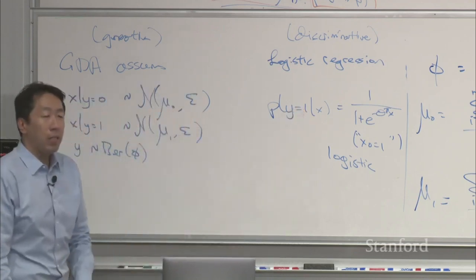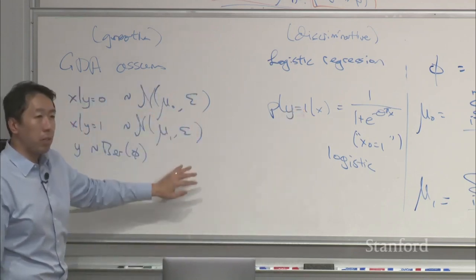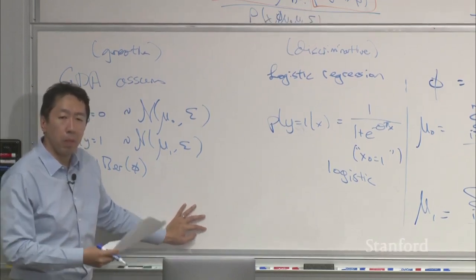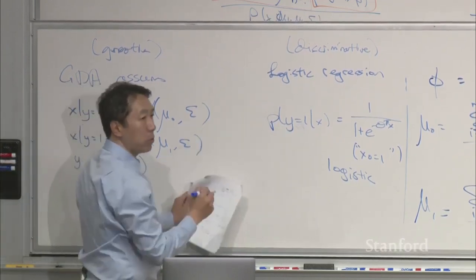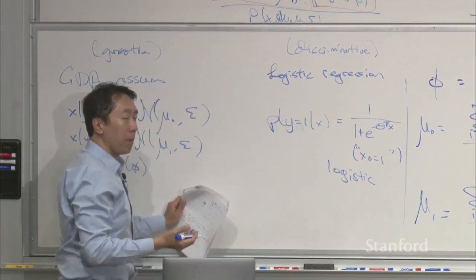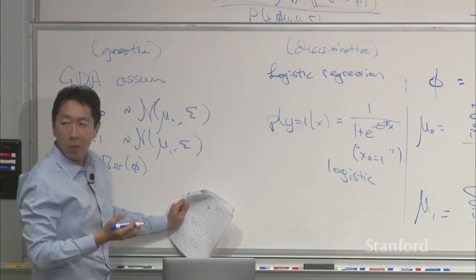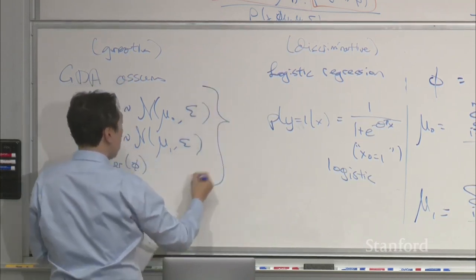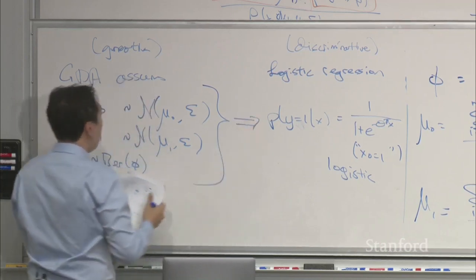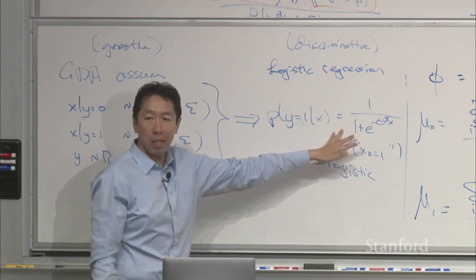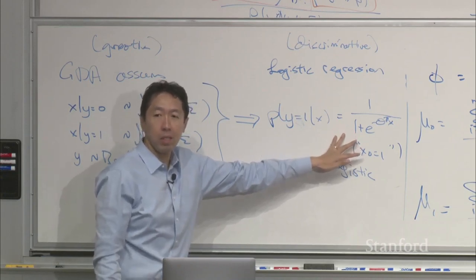Okay? And the argument that I just described, plotting P of y equals 1 given x point by point, really the sigmoid curve I drew on the other board, illustrates, it doesn't prove it, you prove it yourself in the homework problem, that this set of assumptions implies that P of y equals 1 given x is governed by a logistic function, right?